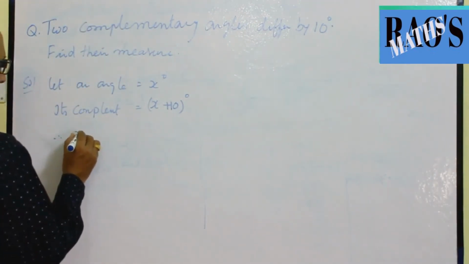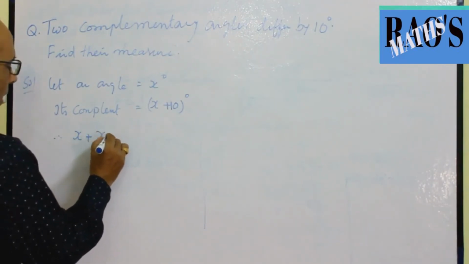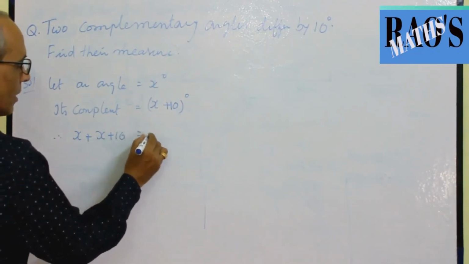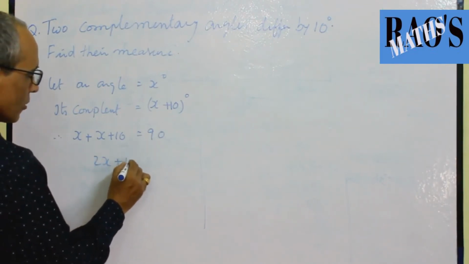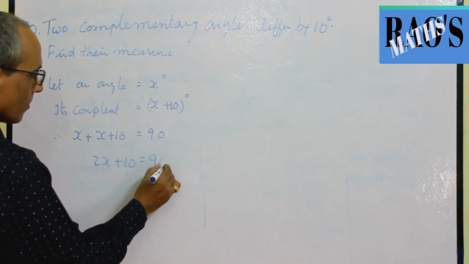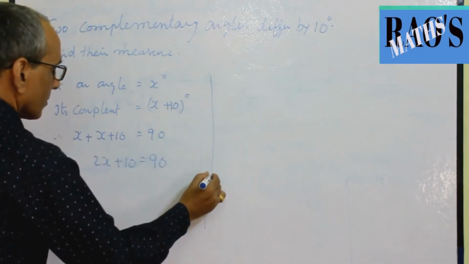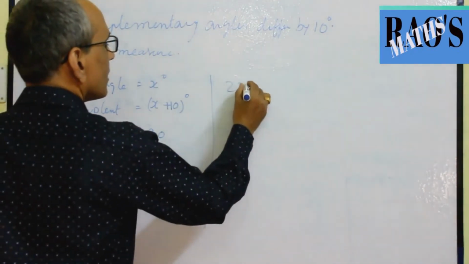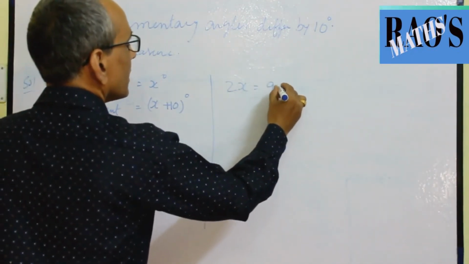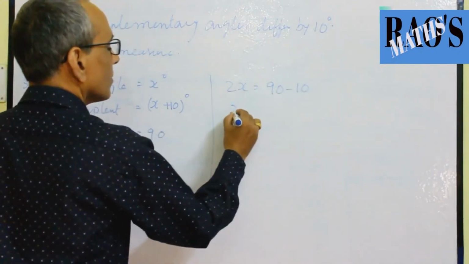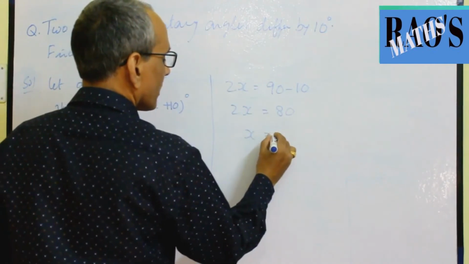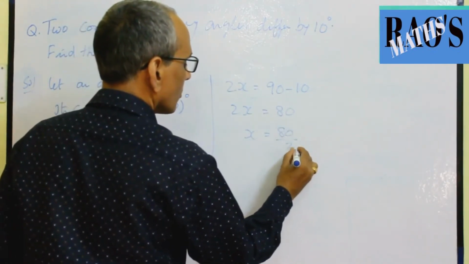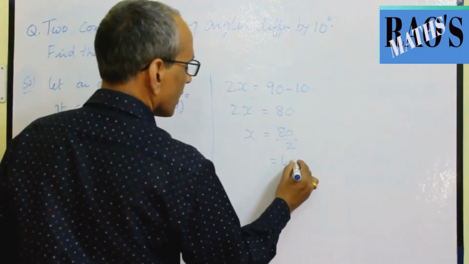So I take x plus x plus 10 is equal to 90. So 2x plus 10 is equal to 90. Then 2x is equal to 90 minus 10. 2x is equal to 80. x is equal to 80 by 2, which is 40 degrees.